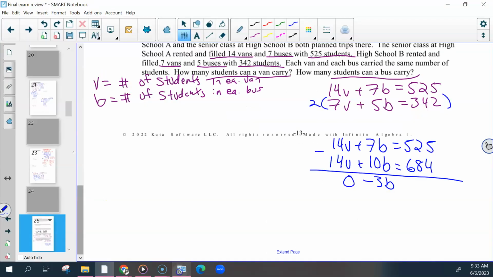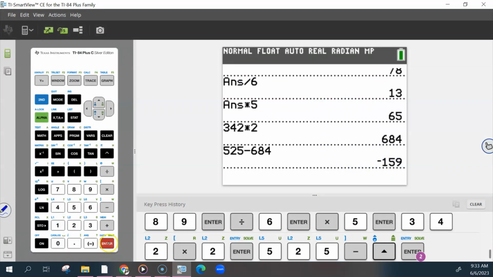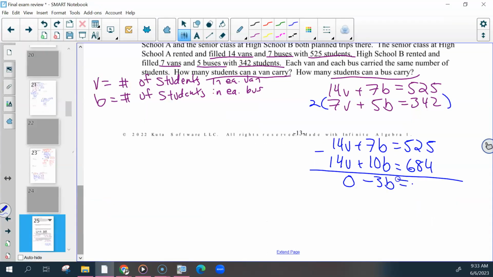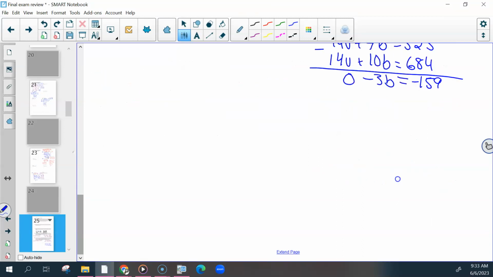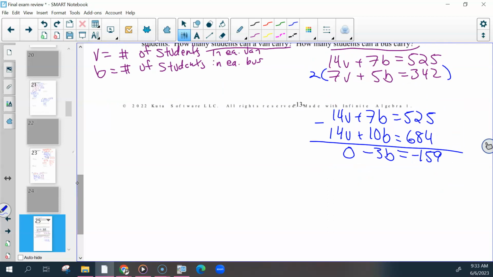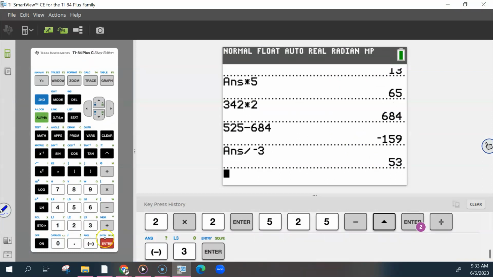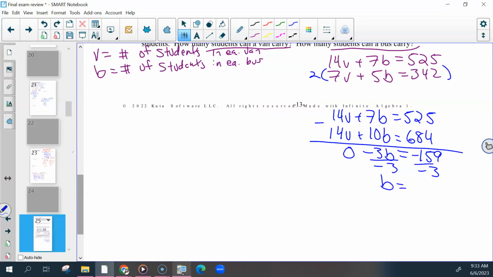525 minus 364. Then we could solve for B, divide both sides. Our label for this would be students.